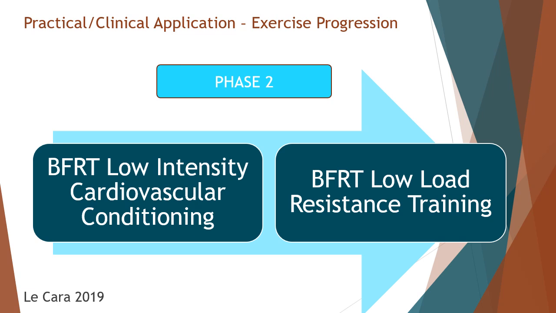This could be in the form of just body weight or internal loads before you apply external loads. You're trying to not go for optimization initially. You're really just trying to induce an orientation to resistance training with BFR in the first couple sessions, and then you can get more to your optimization of principles as far as exercise prescription.